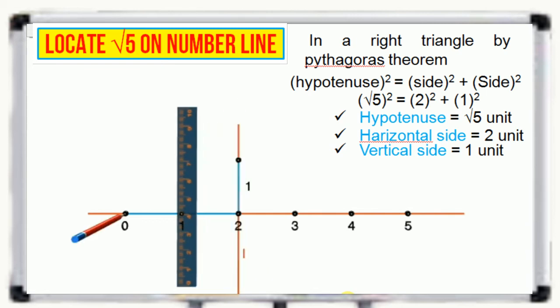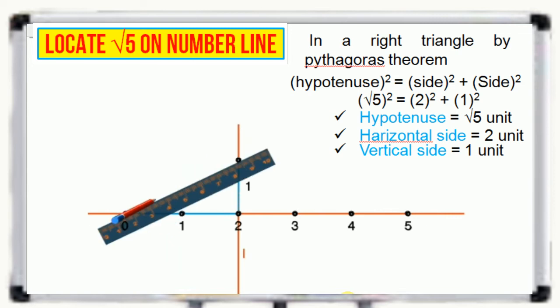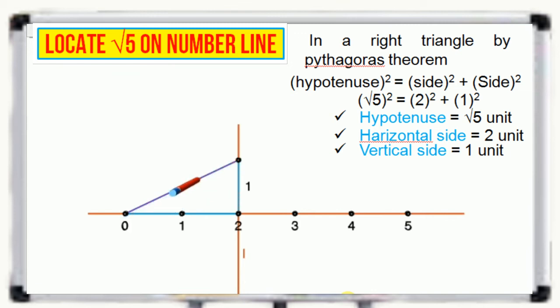Then draw the hypotenuse by joining these two sides of 2 units and 1 unit. So the hypotenuse is about root 5 units. So here AB is equal to root 5 units.